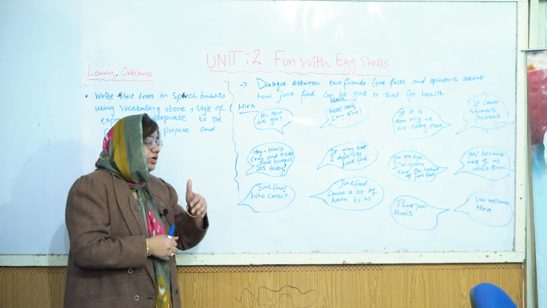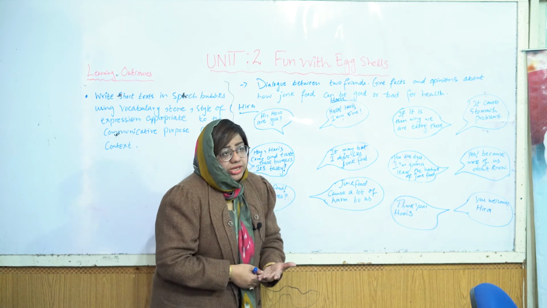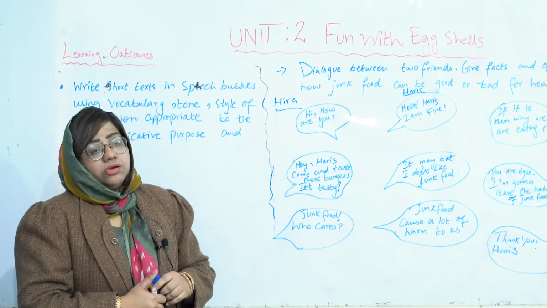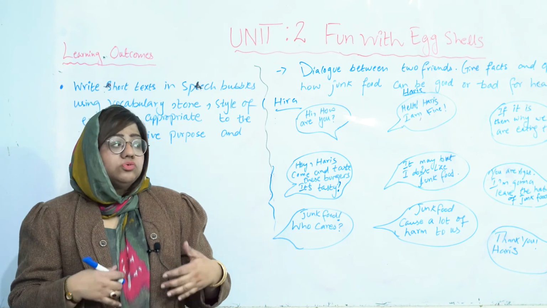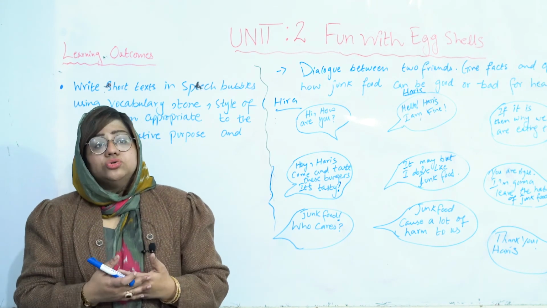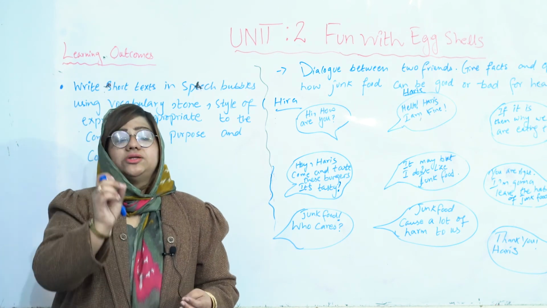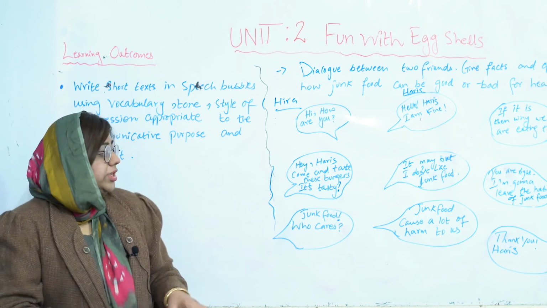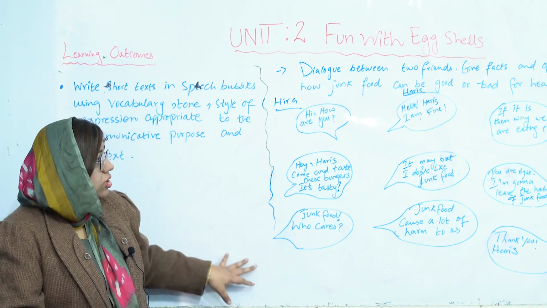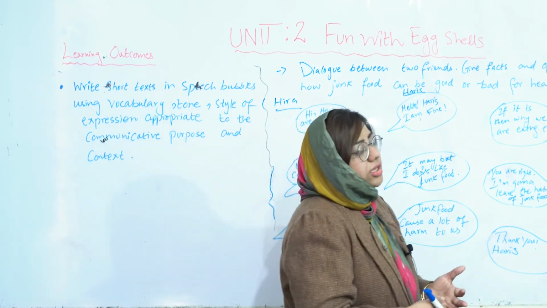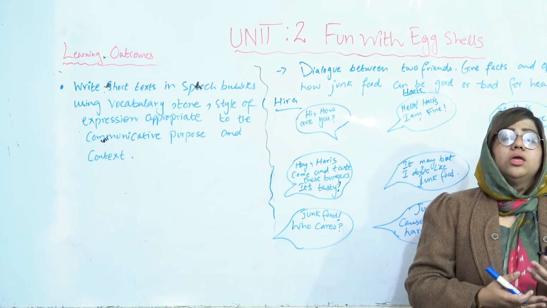For example, some words can easily be spoken, but it's very difficult to write them, because most of the punctuation marks and conjunction words are used, and whenever we are writing, we need to know that this is the place we need to write a comma or question mark or an apostrophe. So these are all the guidelines of how to write a dialogue on any topic between two or more persons.